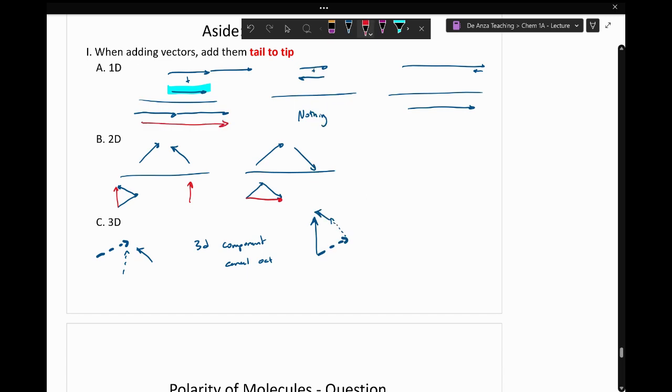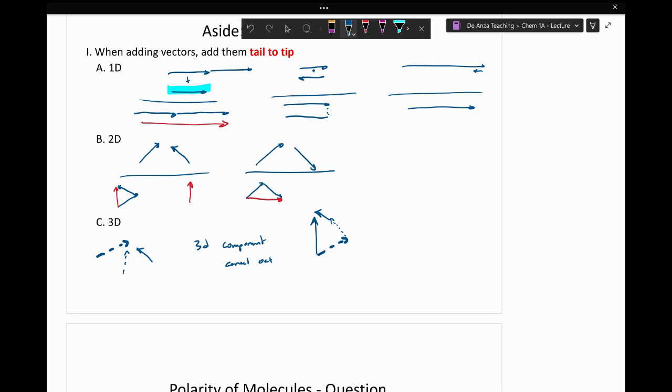And in the case where we had nothing, we kind of stack them on top of each other to do something that looks like this. So we had an arrow this way, had it with an arrow this way, and that's what gave us nothing. And then with our last one, where we said one long, one short, you take the long one, you take your short one, and then your sum is what you get from adding those two together. So it's this thing right here.